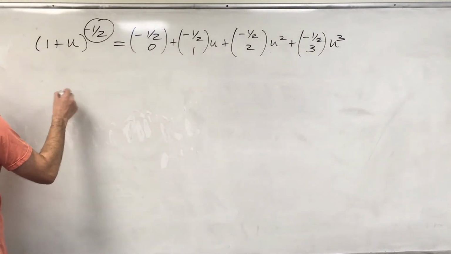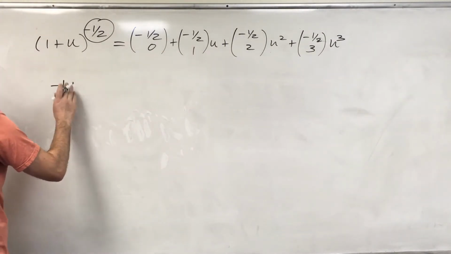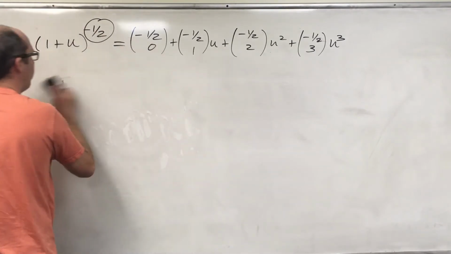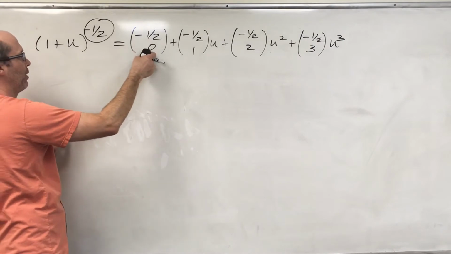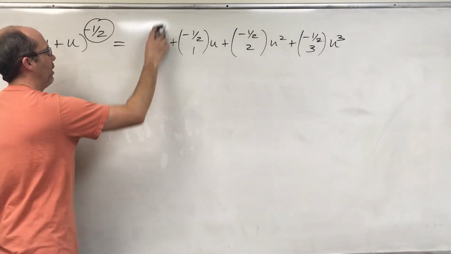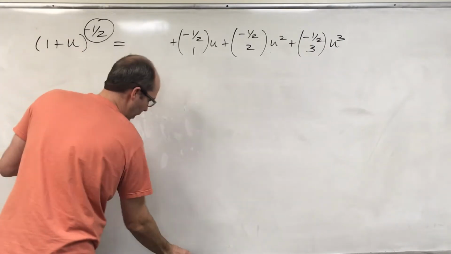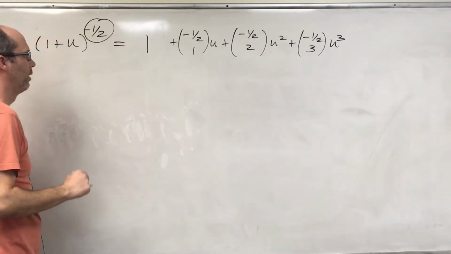Remember that the binomial coefficient of negative 1/2 with the 0 there is always 1, so we can just put the 1 in there.